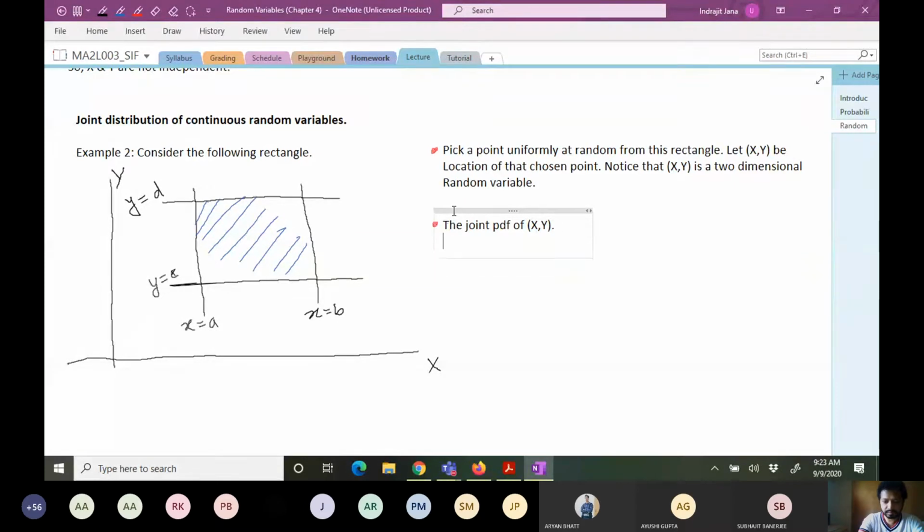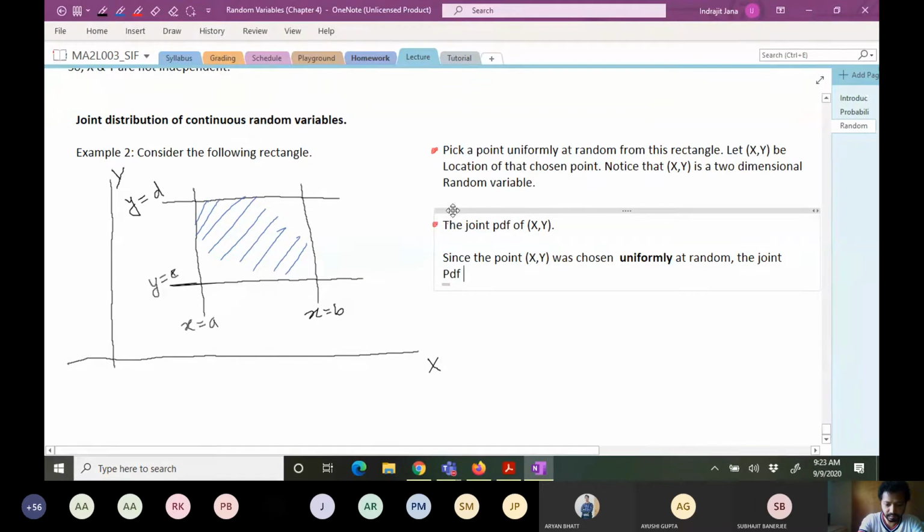How to figure this out? Since the point xy was chosen uniformly at random, the joint PDF will be 1 over the total area of the rectangle.